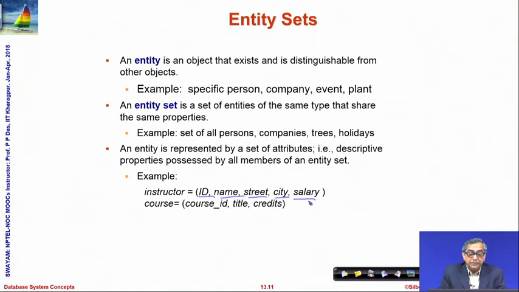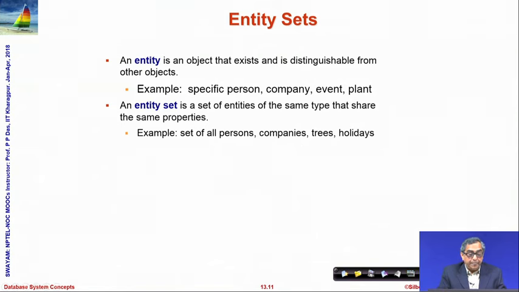There are 5 attributes, and the values of these 5 attributes for a particular instructor define an entity in my entity set instructor. Similarly, a collection of such attributes defines my entity set courses. So, these are the different entity sets that can be defined.